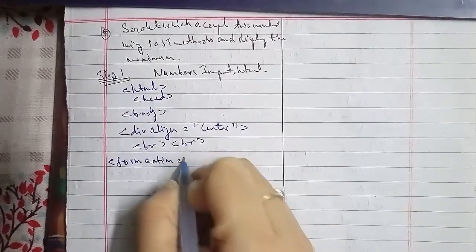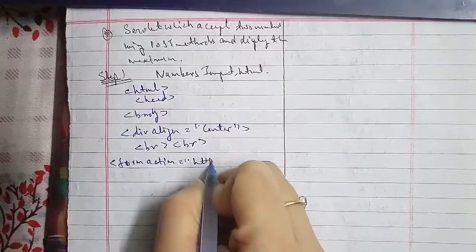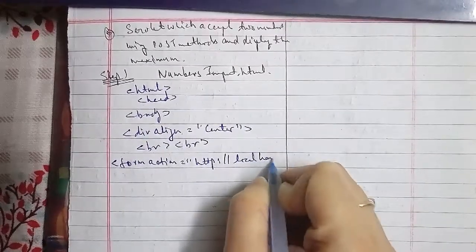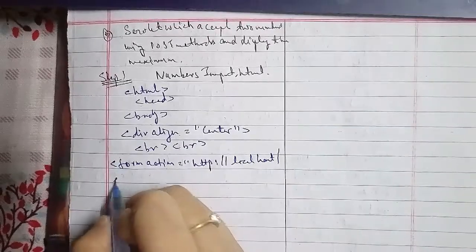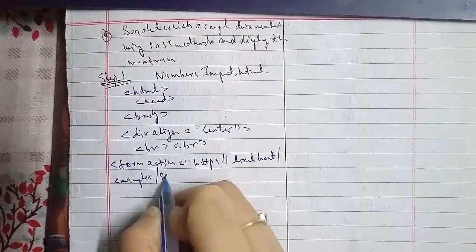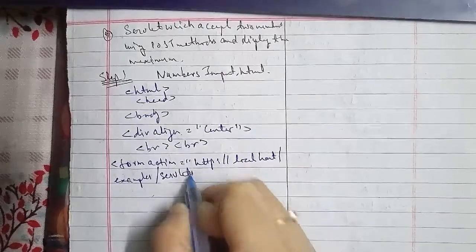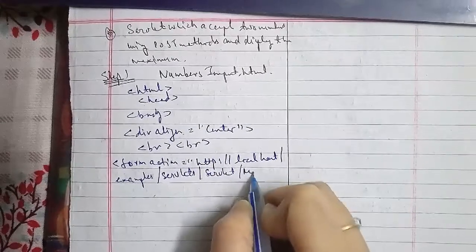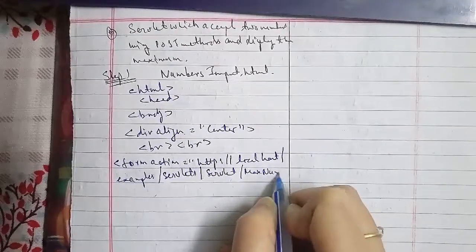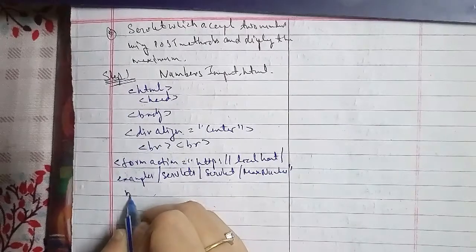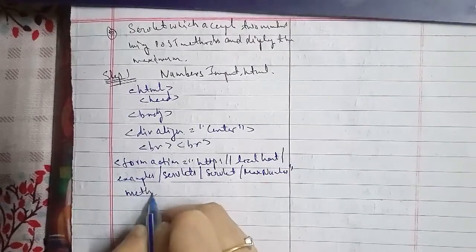Here we'll go ahead with this only, that is, enter the first number, input type equals text, name equals number1, size equals 5, then BR tag close.